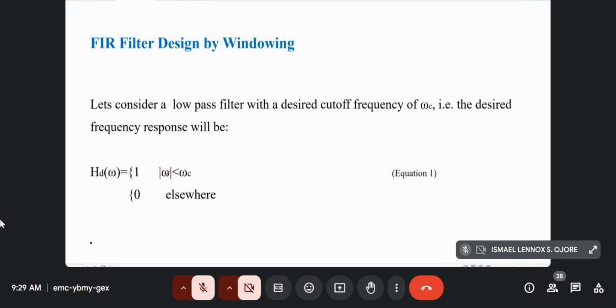In this case, we are given H_d(omega) as 1 for the absolute value of omega less than omega c. When we use absolute, it means it goes both to negative and positive.